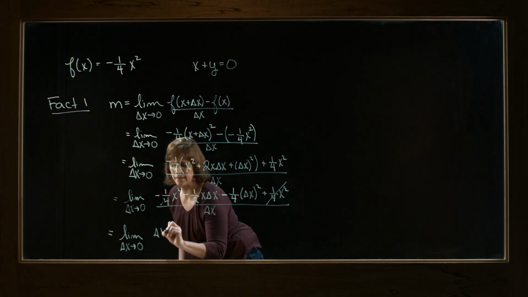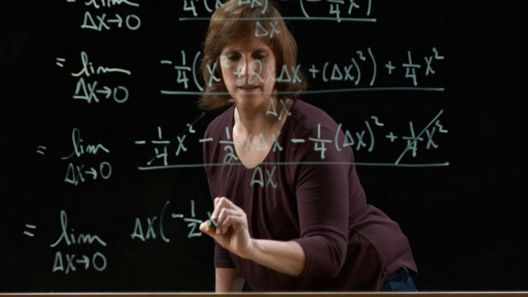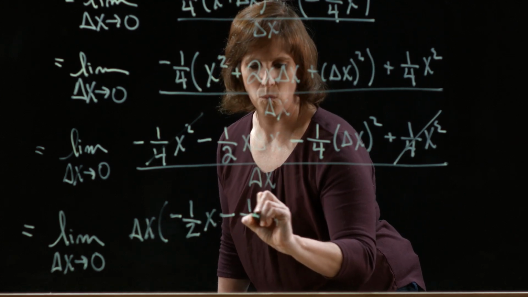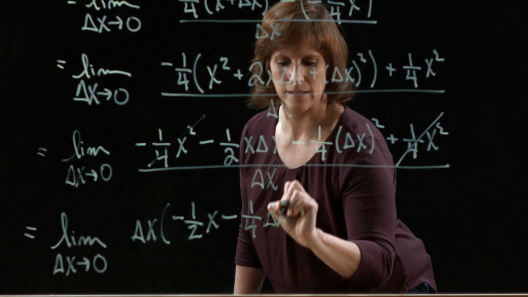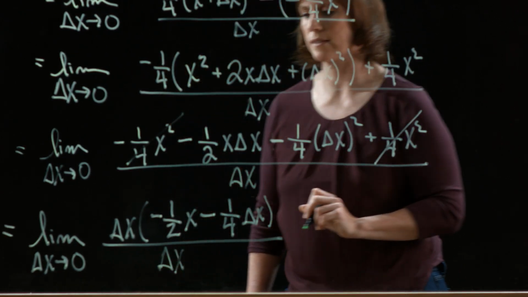I have delta x times the quantity -1/2 x minus 1/4 delta x all over delta x.